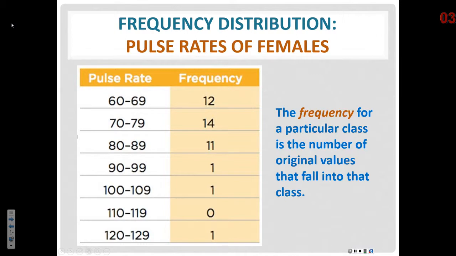Right? So, okay. Definition here: the frequency for a particular class is the number of original values that fall into that class. Let me give you your first symbol. We'll just do a side note. We stop for a hot second. Symbols are huge, y'all, in this class.